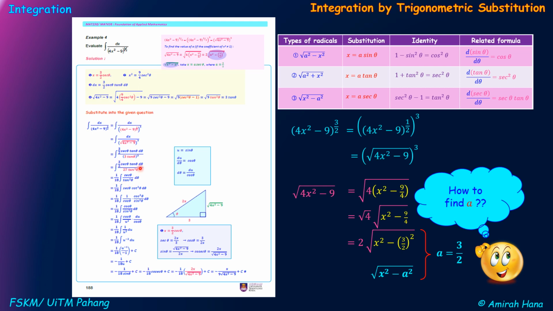Okay, lepas tu kita boleh simplify tangent theta yang dekat atas ni dengan tangent cube theta. So kita dapat tangent squared theta. Okay, dekat atas ni masih lagi ada sec theta and then kita letak d theta dekat tepi. Okay, dekat luar tadi, after we simplify constant tadi, we got 1 over 18 and then we move out from integration sign. Right?